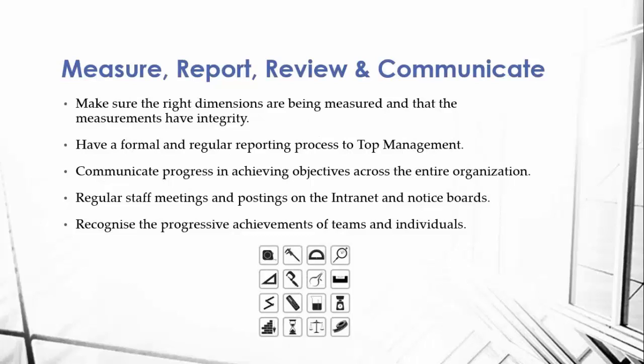The organisations I've seen work best have monthly reporting regimes on their progress against their quality, safety and environmental objectives and targets. There's buy-in for that, and top management expect performance and progress to be demonstrated.